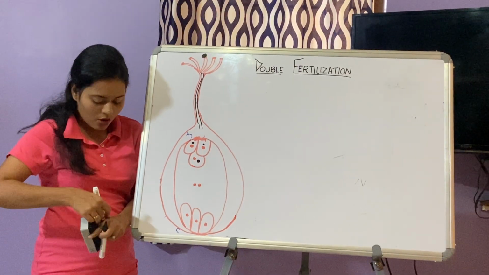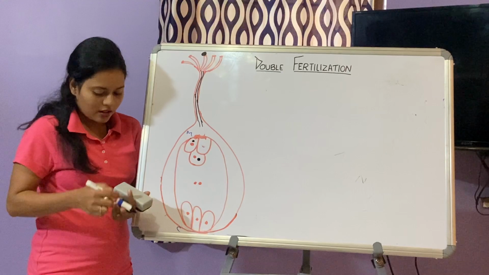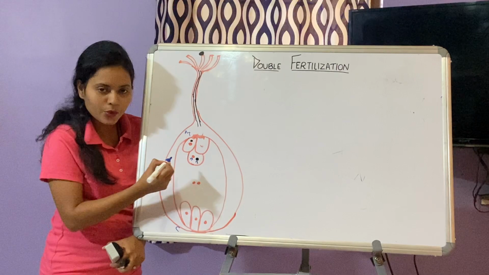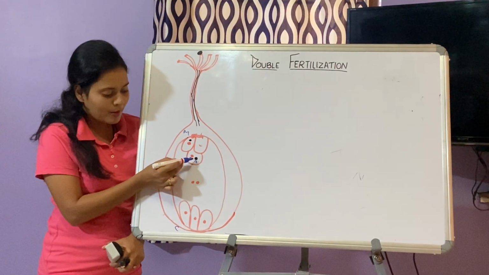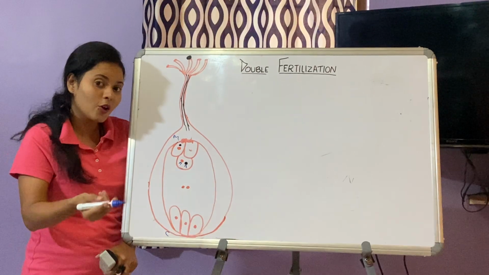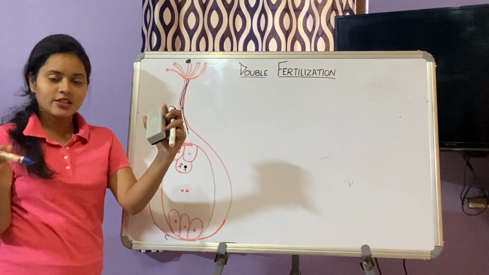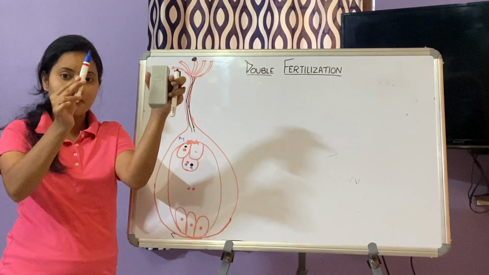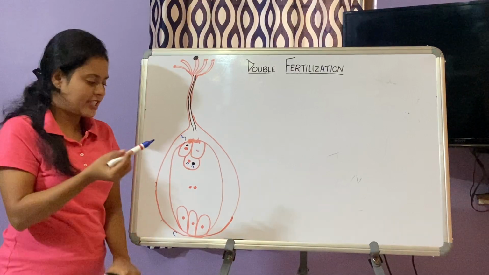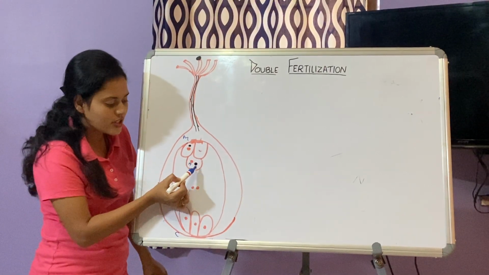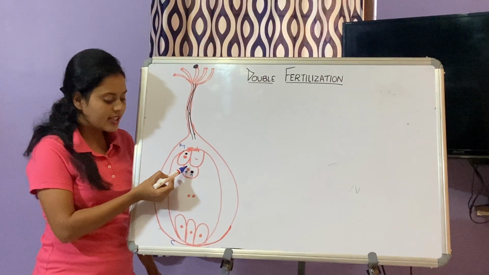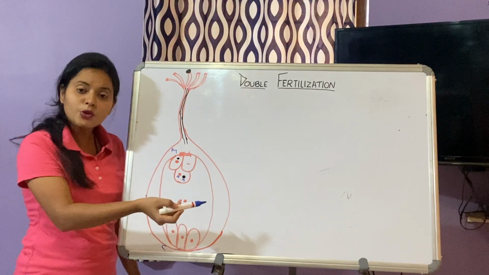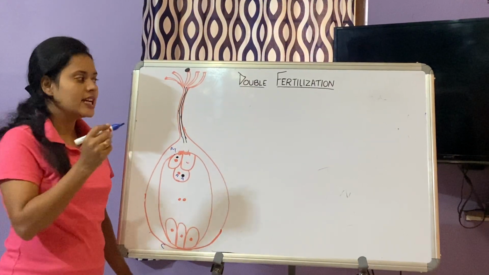So what has happened? Earlier there was a haploid number of chromosomes, and the male gamete is also haploid. So haploid and haploid has formed diploid, and the egg is fertilized, or fused with the male gamete. The male gamete and female gamete have fused, leading to fertilization. So the first fusion has taken place over here. This process of fusing male gamete and female gamete to form a zygote is known as syngamy.